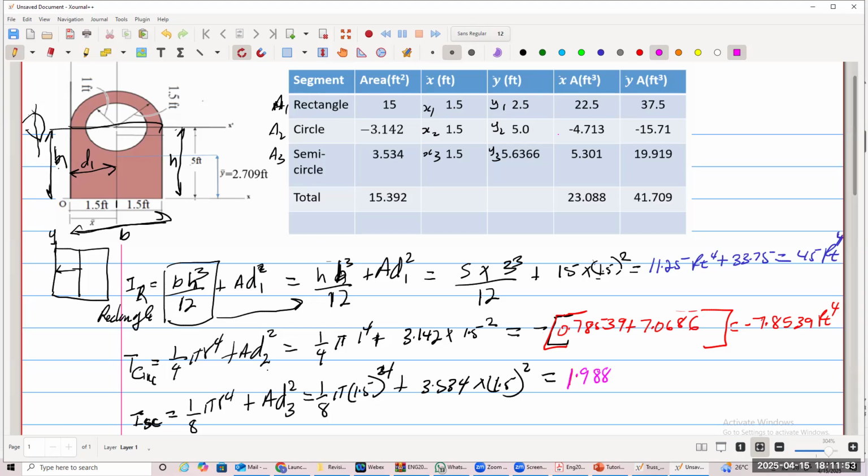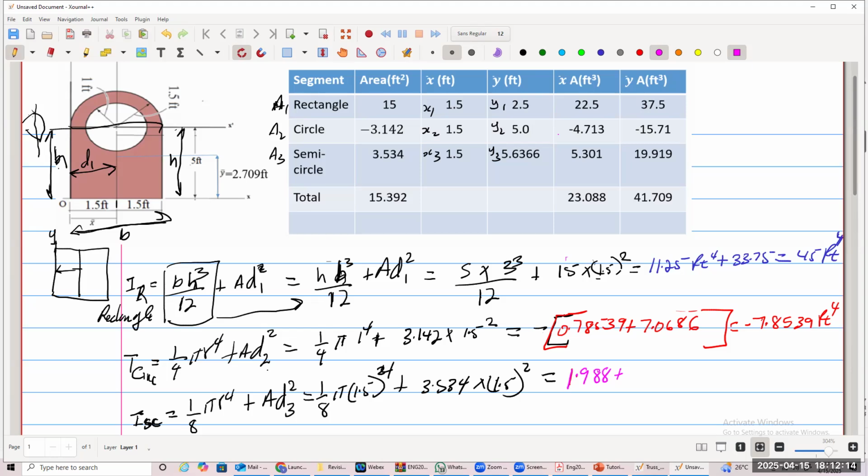1.988, right? Plus, what's the other part now? The other part would be, let me see if I can get this value here: 3.534 times 1.5 squared. What do you get there?